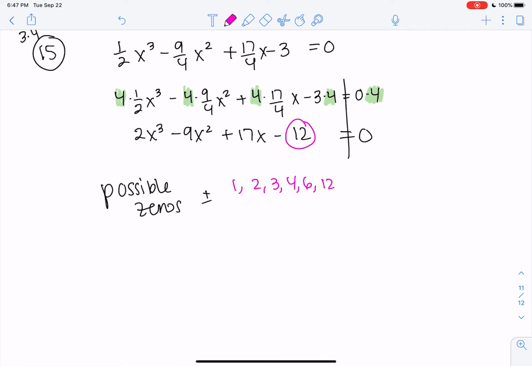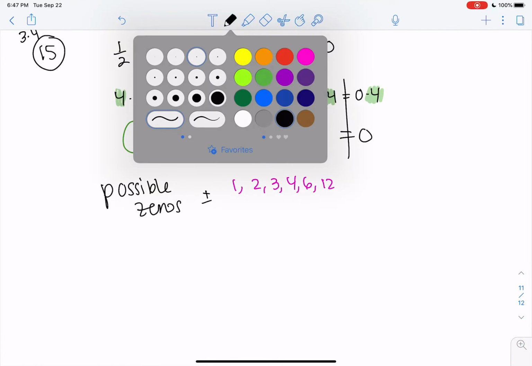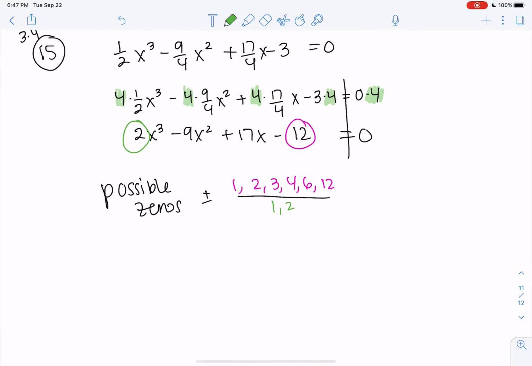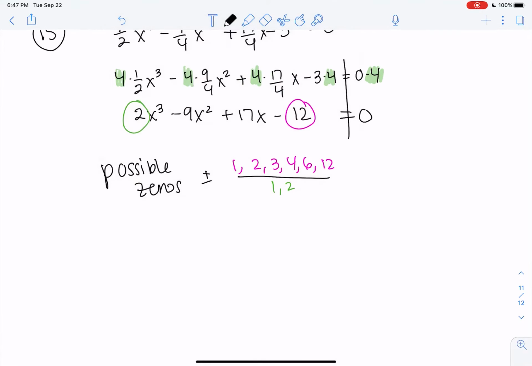I think that's it. 1 times 12, 2 times 6, 3 times 4, and then divided by factors of 2, which are 1 and 2. So if we go through all these possible combinations, we get 1 over 1 is 1. We get 1/2. And then we get 2 over 1 is 2. 2 over 2 is 1.